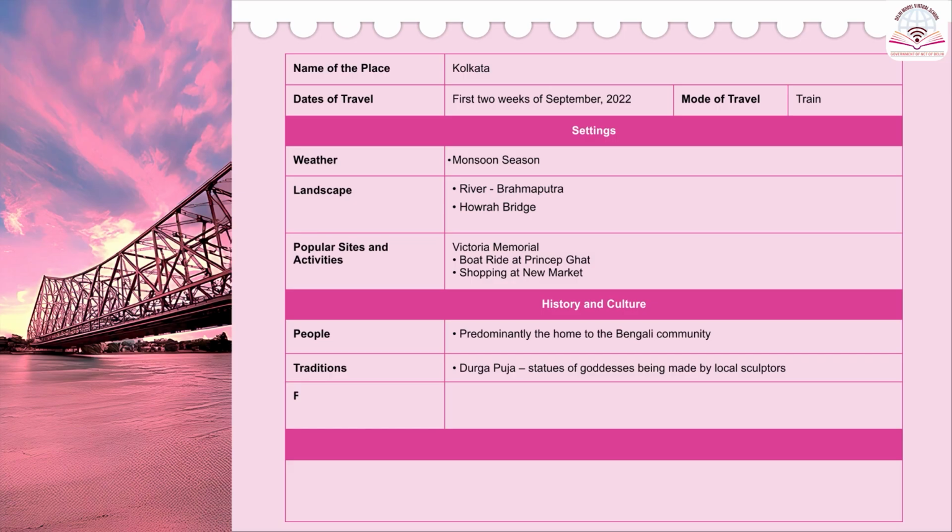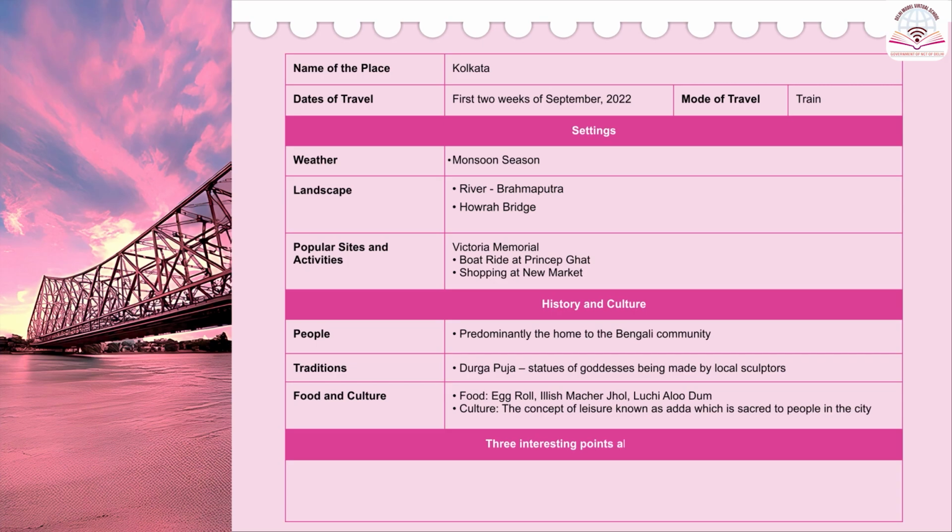And if we talk of food and culture, we have to describe the food habits of the people of that place. As we have fish in that area, we can have various fish dishes or luchi aloo-dum. And then we talk about culture, we have to describe the cultural traditions followed in the place.